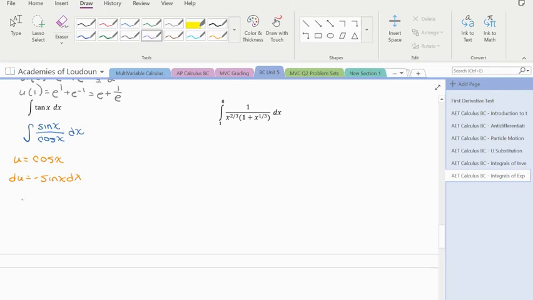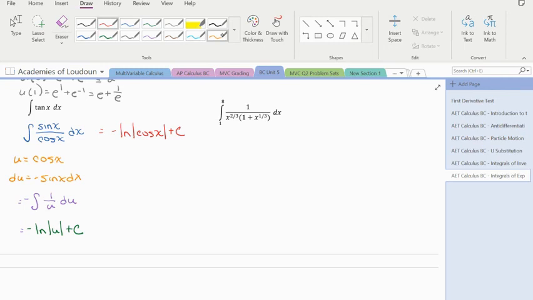So we can then rewrite this integral as negative the integral of 1 over u du, which then gives us negative natural log of the absolute value of u plus c. Substitute in your u, and we have negative natural log of cosine x plus c. I'd like you to go ahead and do cotangent x and see what you come up with for that one.